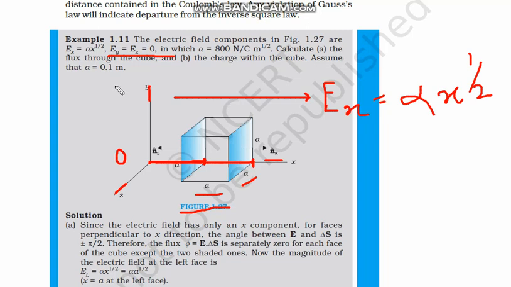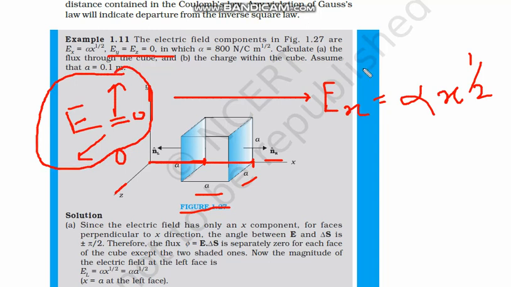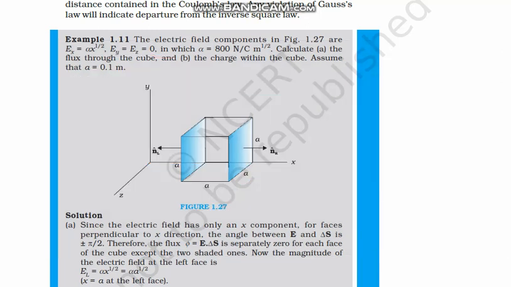That means the electric field in the y direction and in the z direction are both 0. There is no electric field in the y and z directions. The only electric field is in the x direction, which is given by alpha x to the power half. Now what is alpha? Alpha is a constant which is given here: alpha is equal to 800 Newton per coulomb meter to the power half.